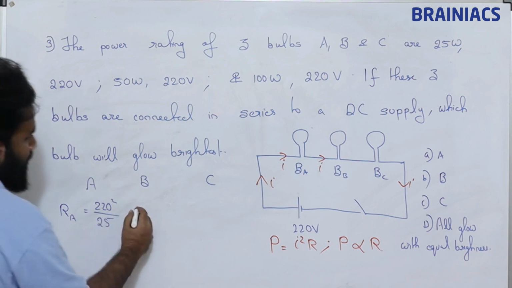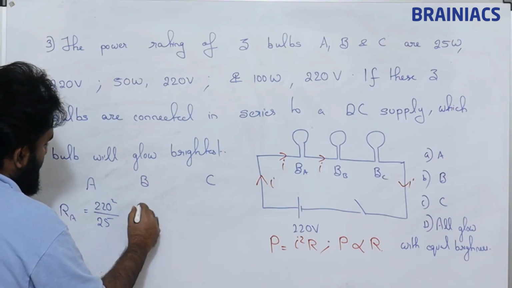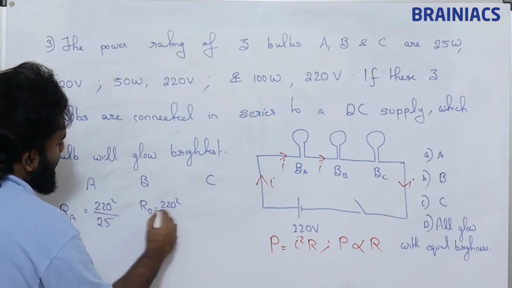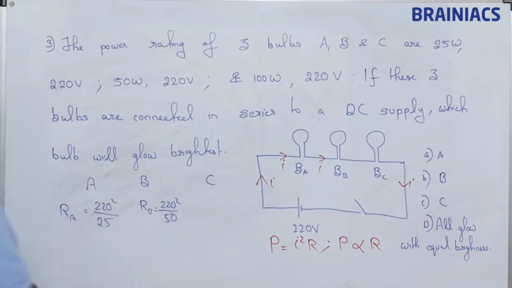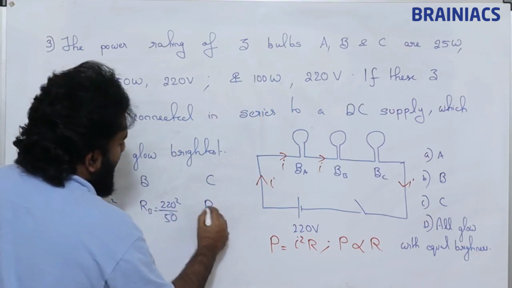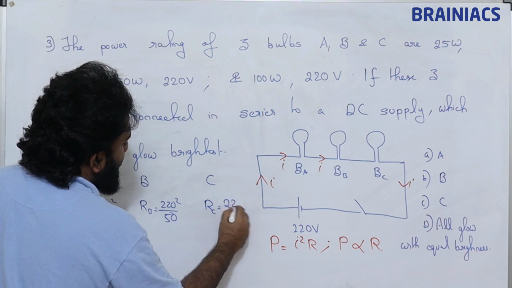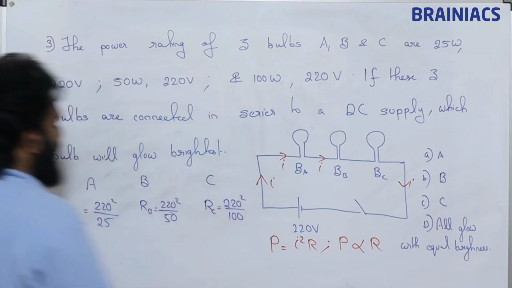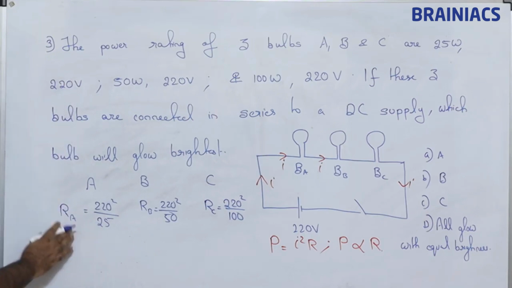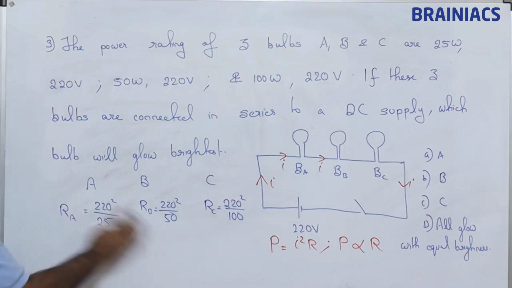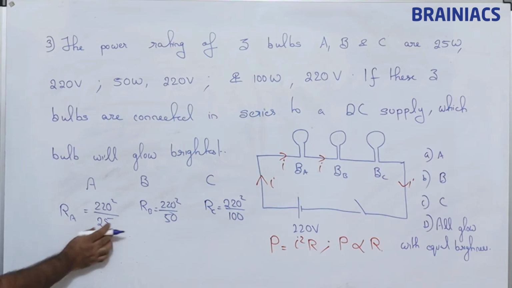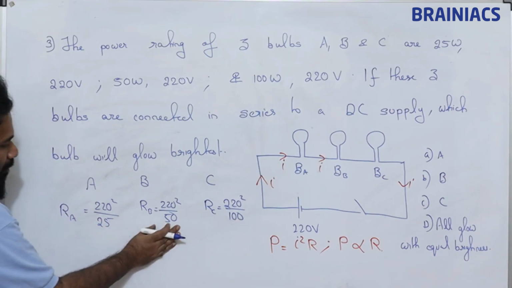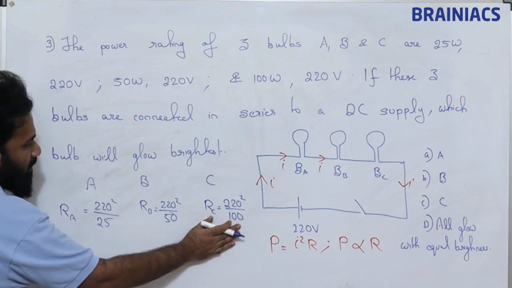In this case RB is again 220 square divided by 50, and RC is 220 square divided by 100. So which is having more resistance? Here the numerator is the same, and the denominator is less here, moderate here, and more in this case.